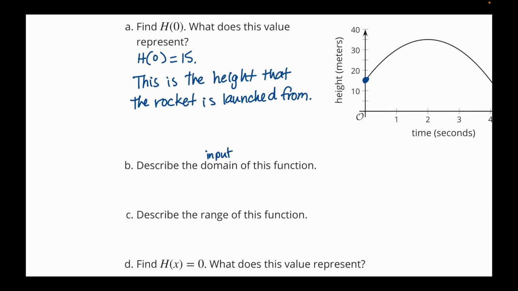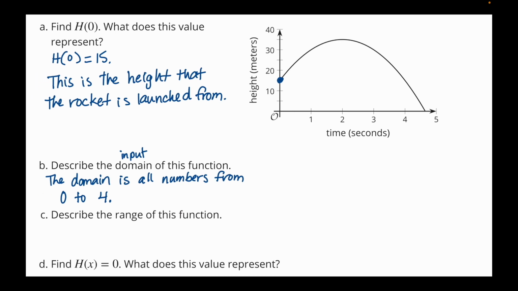So we can say the domain, and because this is time in seconds, I am allowed to have every single little tiny point in between each of these. We can definitely have fractions. So the domain is all numbers from 0 to 4 point, maybe we'll call that 4.7.